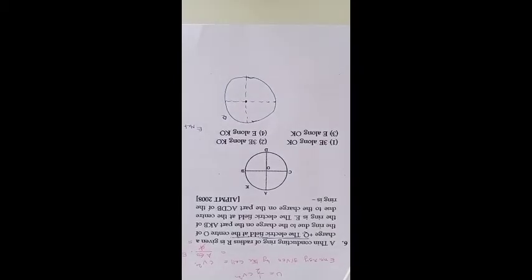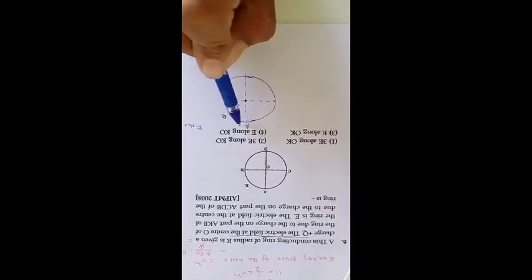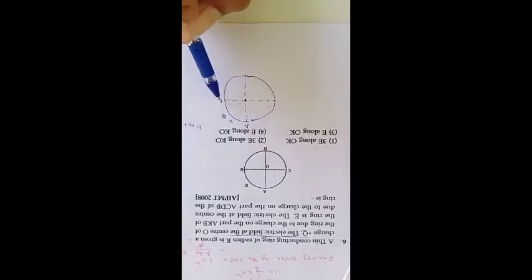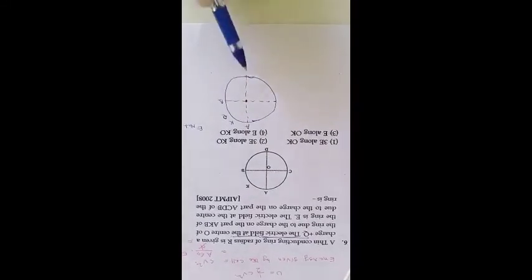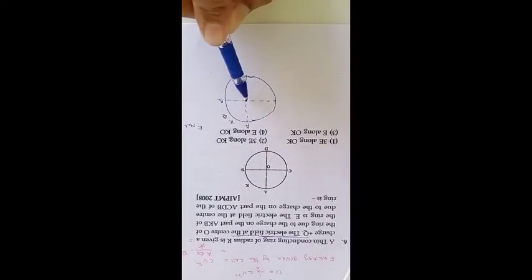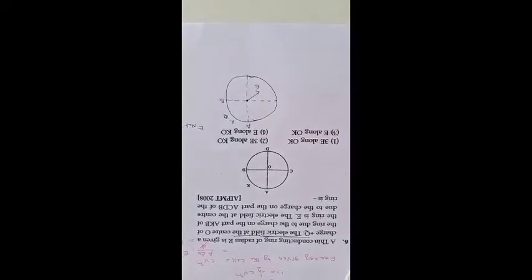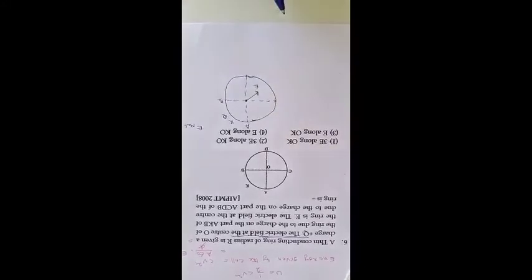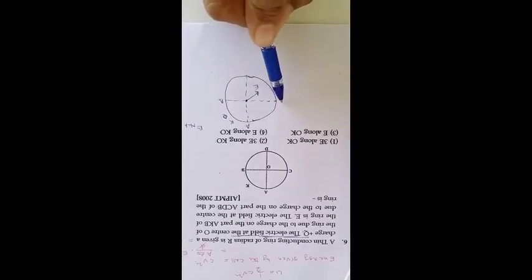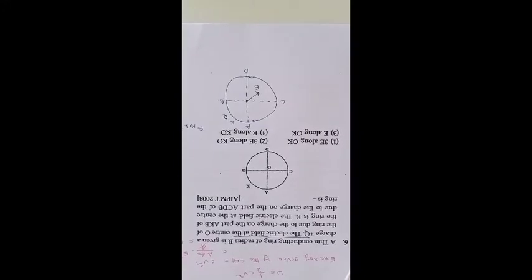Now, this AKB part creates a field E at the center in this direction. Then how much field will this ACDB part create?